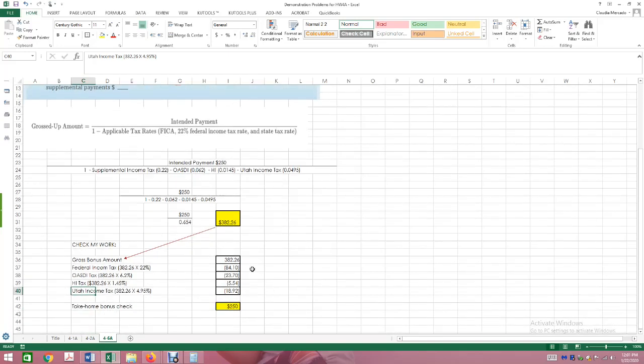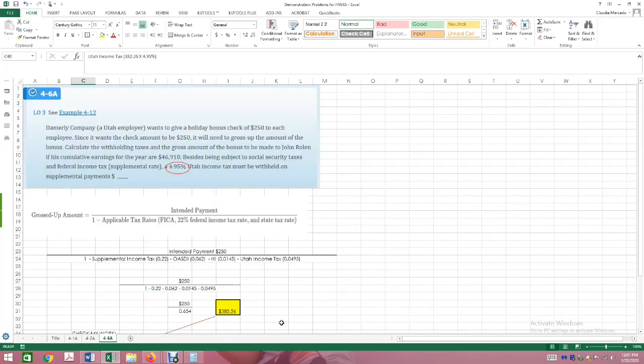When you're entering your problem, any amounts that are taxes or deductions need to be entered in parentheses or minus signs. They need to show as a deduction, so you can calculate your take-home bonus check. So those are the 3 problems that I'm going to be covering to help you with homework 4A.